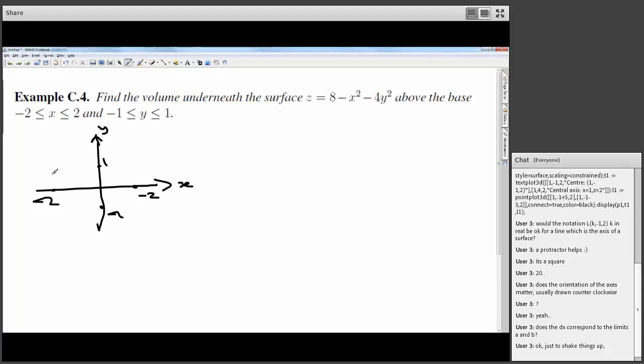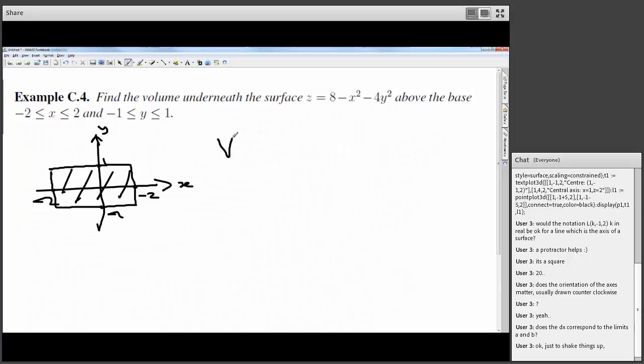And so it's going to be this rectangle here that we're integrating over. So that's going to be our region of integration. So we want to see what the volume of the surface above this particular region is. And by seeing the region, you can see what type of region it is and how you decompose it. Rectangle is the easiest option, so we're not thinking too much about it just yet, but it's a good practice for later on.